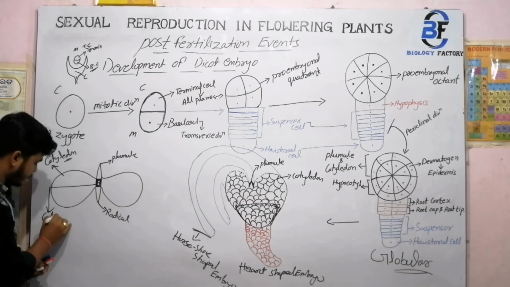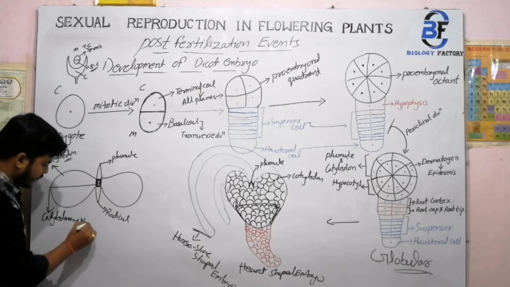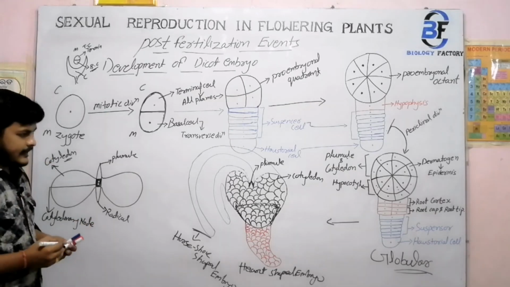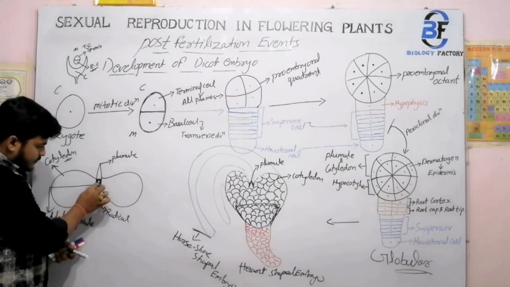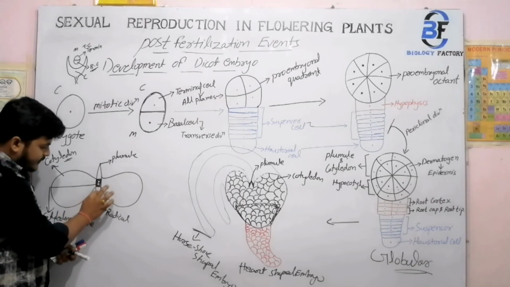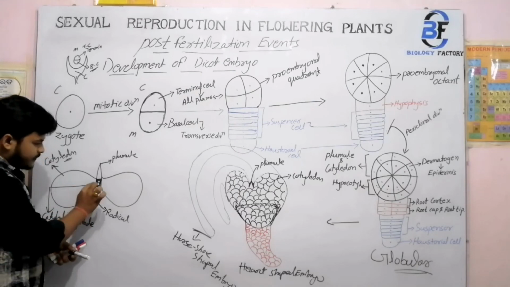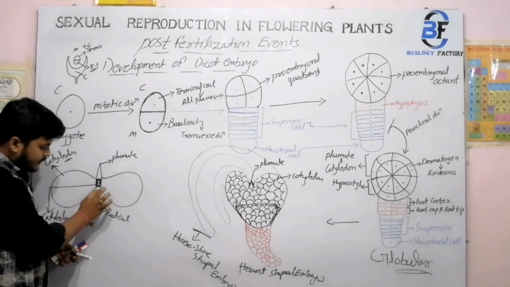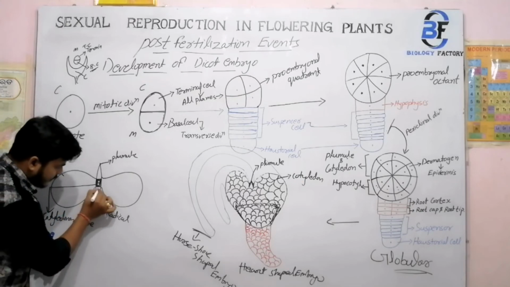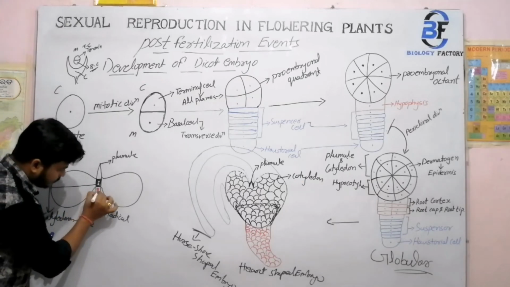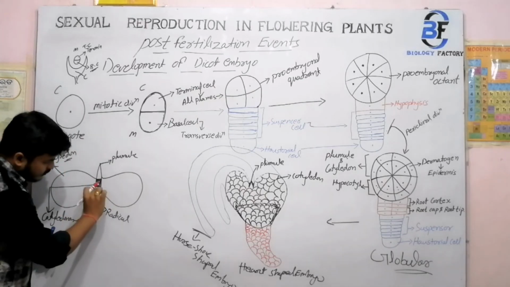So here is your cotyledonary node. Next, the place in between your radicle and your cotyledonary node, where the cotyledons are attached, here is your radicle part, here is your cotyledonary node.